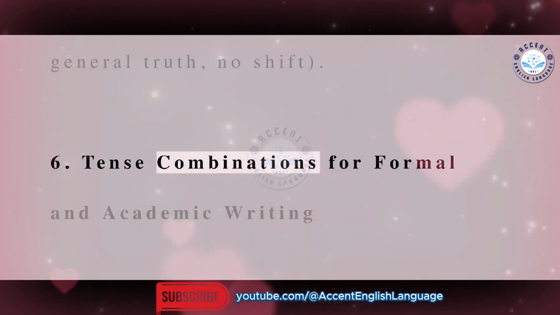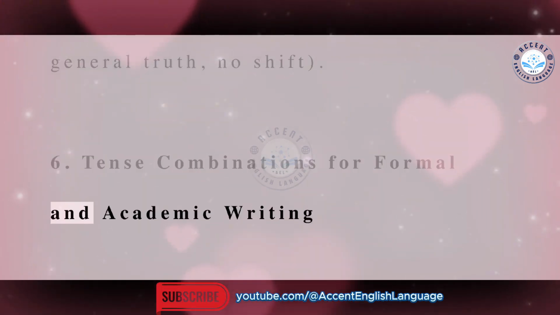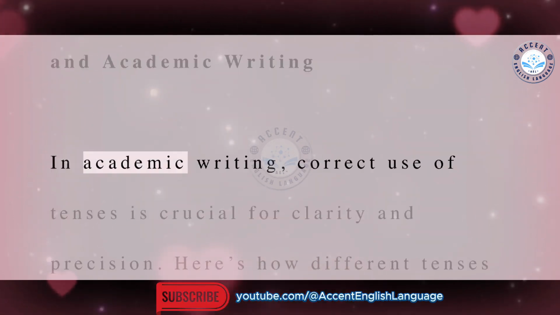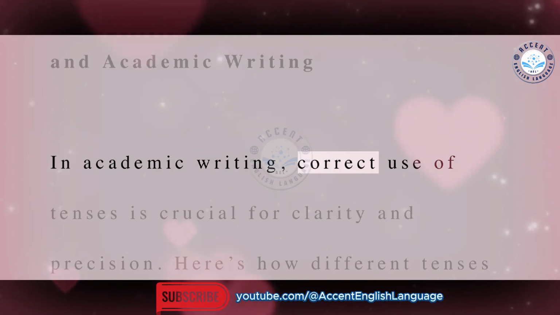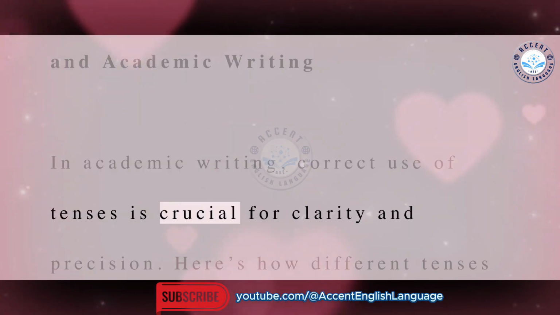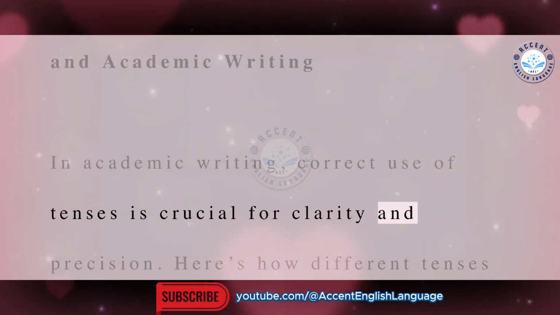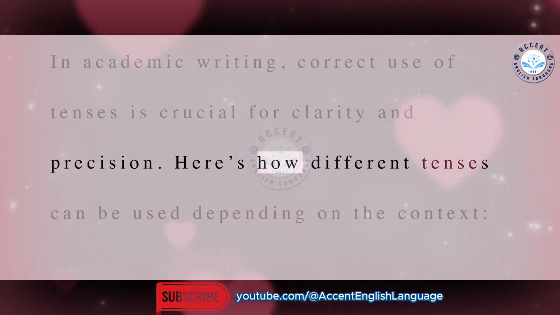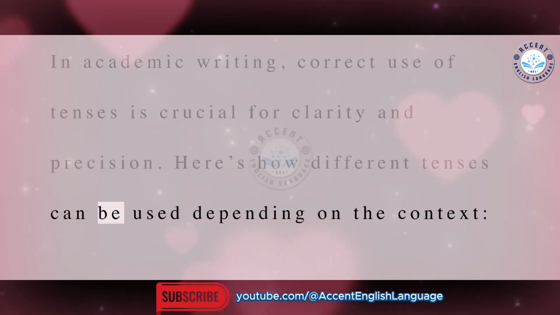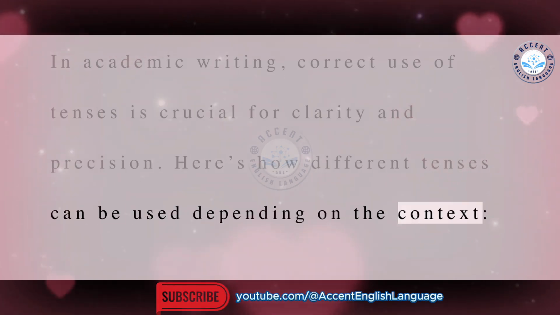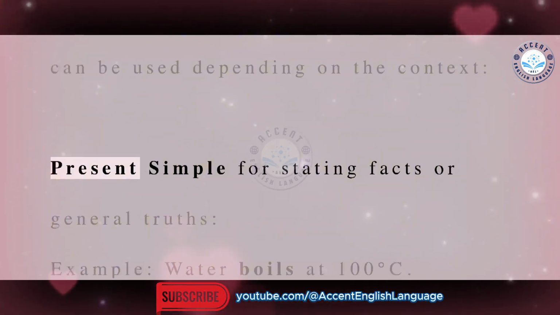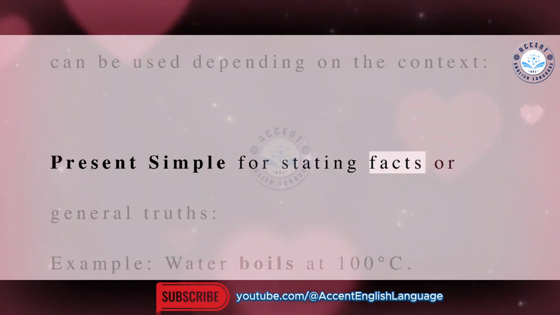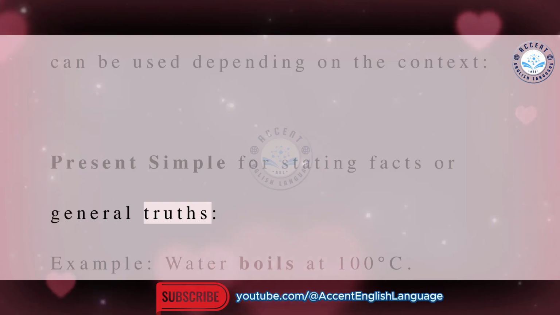6. Tense combinations for formal and academic writing. In academic writing, correct use of tenses is crucial for clarity and precision. Here's how different tenses can be used depending on the context. Present simple for stating facts or general truths.